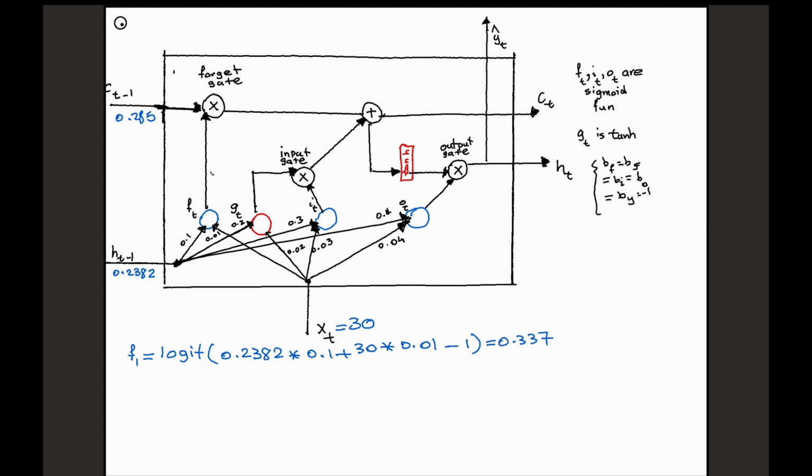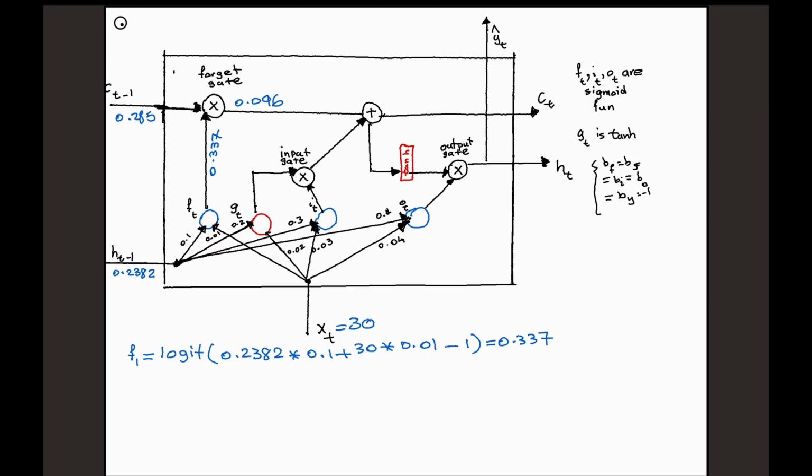So this tells you in this forget gate to forget almost 2/3 of this value. So we're going to slash 2/3 of the value. We will be only left with 1/3 of it. So the forget gate is going to give us just 0.096, because 1/3 of 0.285 is that.